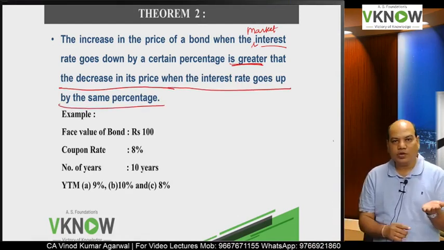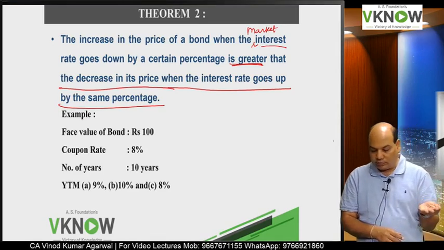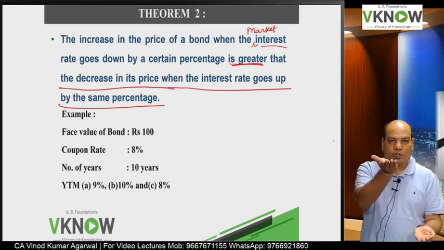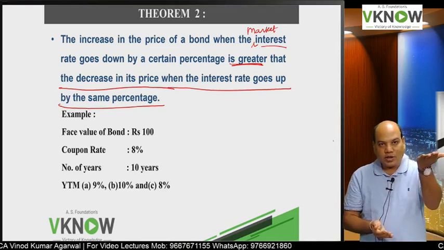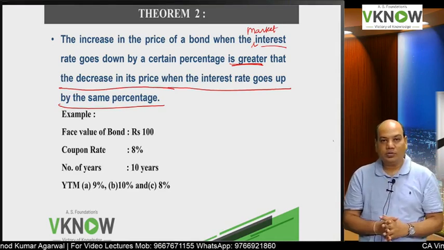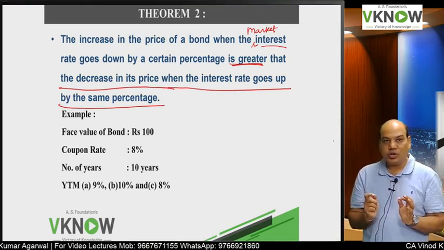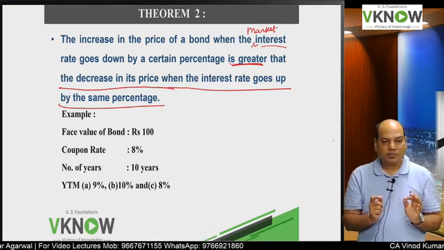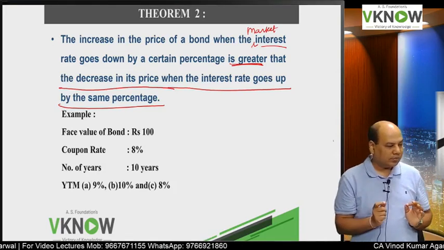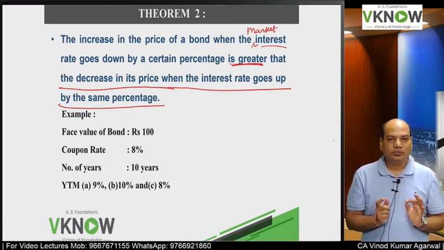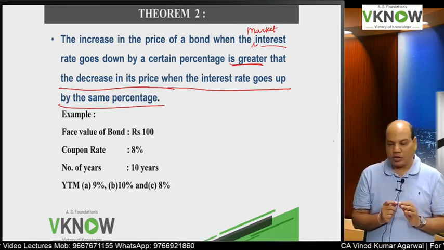So when the interest rate falls, bond price rises. When interest rate rises, bond price will fall. But the change in the bond price in percentage term is not equal.